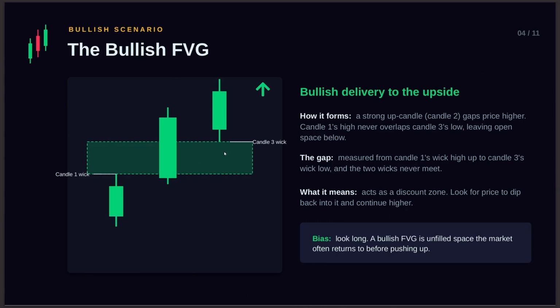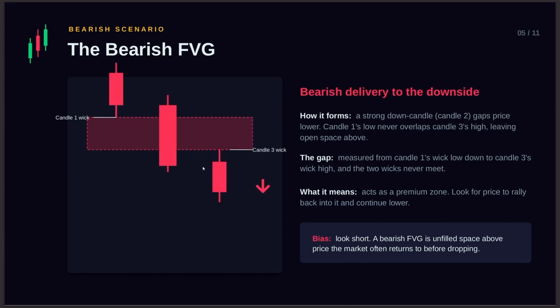We only measure the fair value gap from candle 1's wick high to candle 3's wick low. It's the same scenario with the bearish FVG: the wick of the first candle's low and the wick of the third candle's high, which leaves a gap.